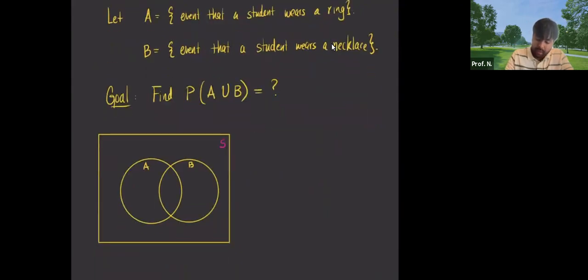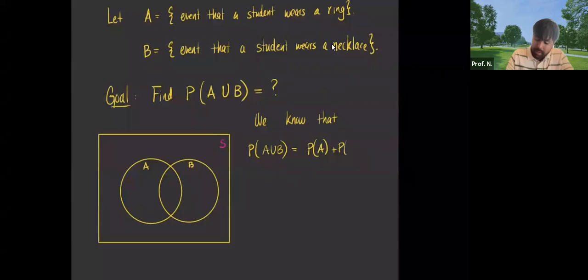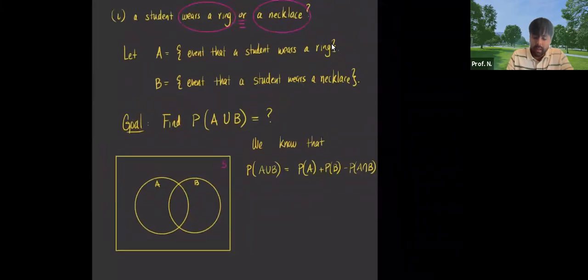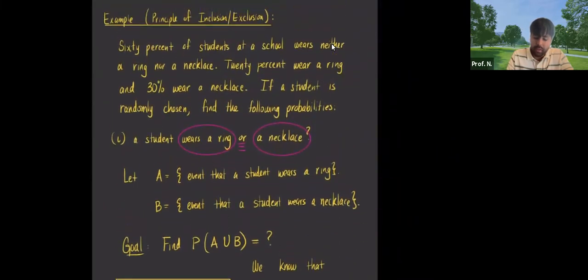So then what do we know? We know that the probability of A union B is equal to the probability of A plus the probability of B minus the probability of A and B, the intersection, right? Now let's go back to what they give us. So this is where we have to do the work here.